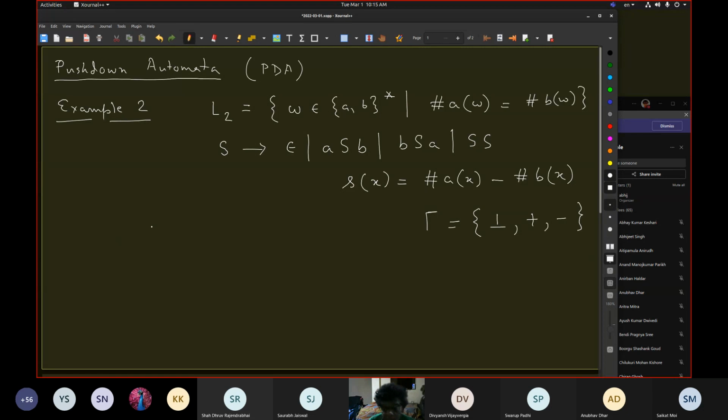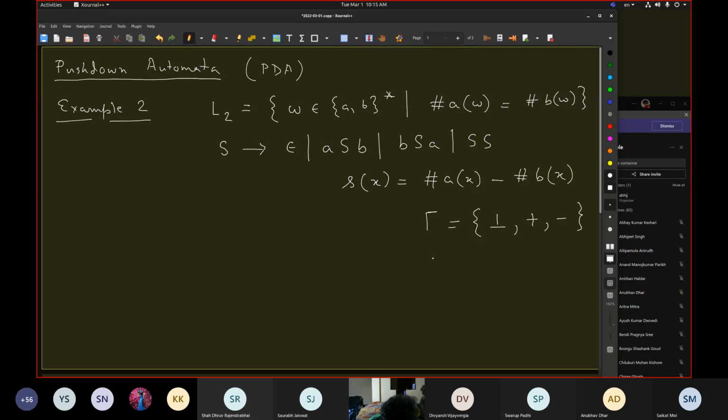So what you will see is that I will design a push-down automaton with a single state, and this entire computation of the surplus function happens in this stack. At the end of today's class, we will see that push-down automata with only one state are good enough. But anyway, let's wait for that.